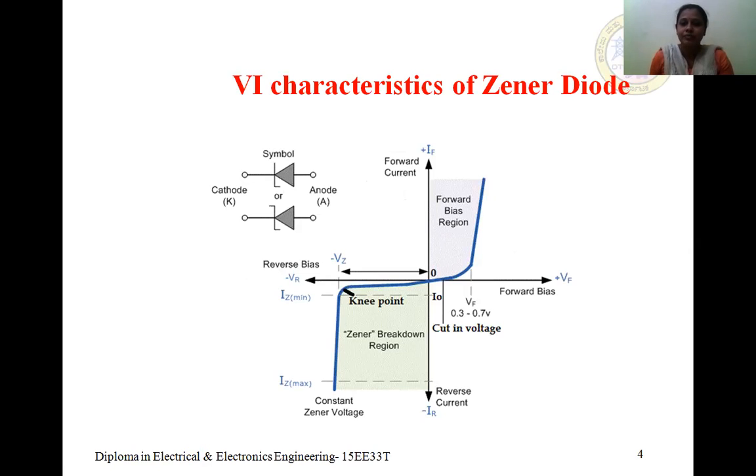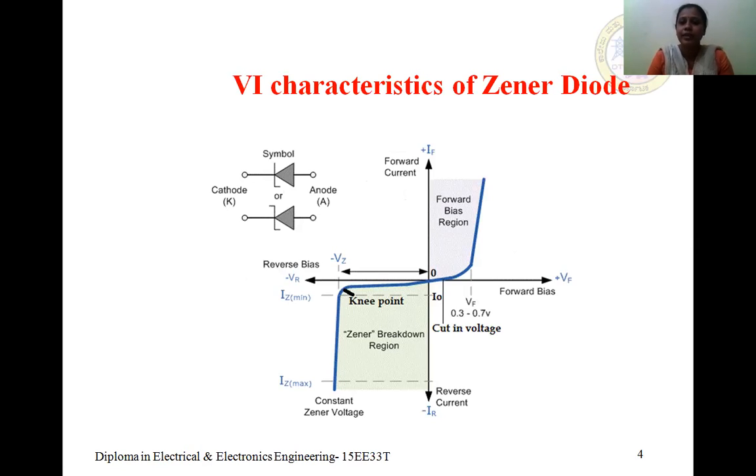You can see here Vf is on the V axis. Vf is the forward voltage, Vr is the reverse voltage, If is the forward current, Ir is the reverse current.